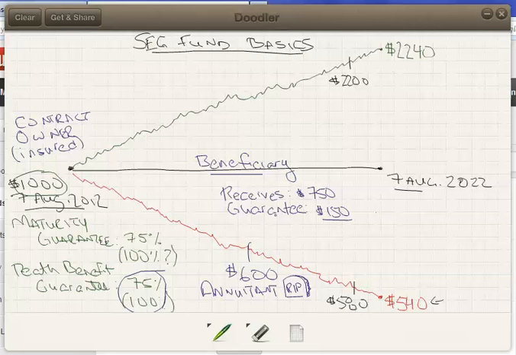these guarantees built in. Now, what if the contract had increased in value? So let's say we were up here at $1,800 and our annuitant dies. Once again, we have the same thing here.